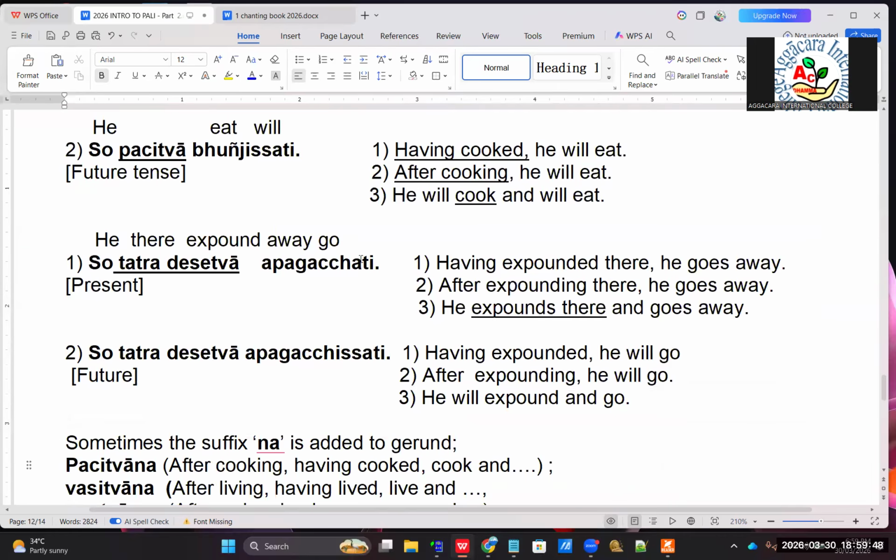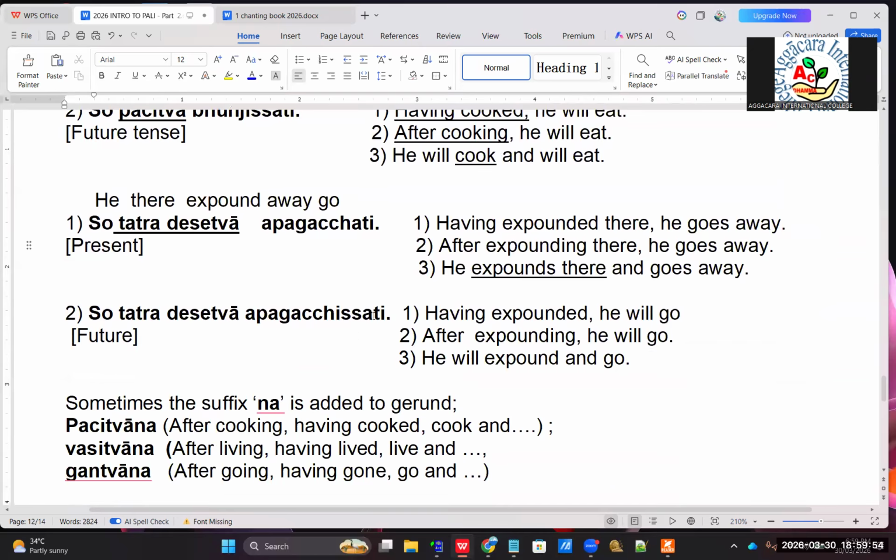Okay, now this sentence, apagachati, is a present tense. Now, the same sentence, if you're going to change it to future tense with the isa, then you must put a "will". So, you need to put in "away" here, okay? Just write it yourself. All right.